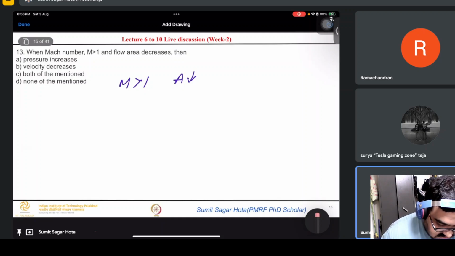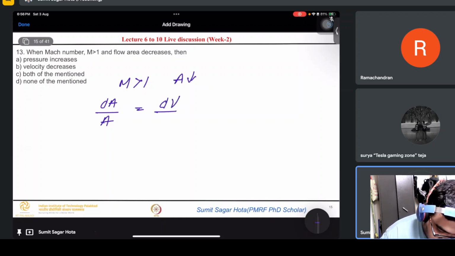Then which equation can we apply? Some of the equations you will study in gas dynamics will be applied, like dA by A equals dV by V into (M squared minus 1). Now in the question it's written M greater than 1, that means this term will be greater than 0.